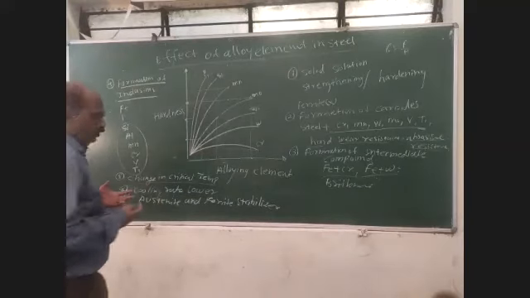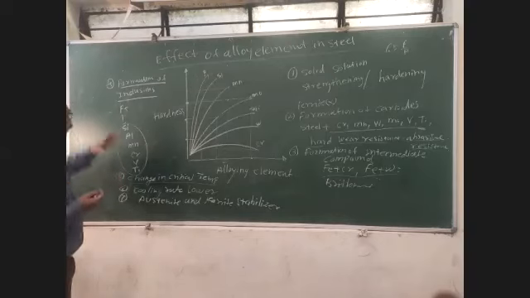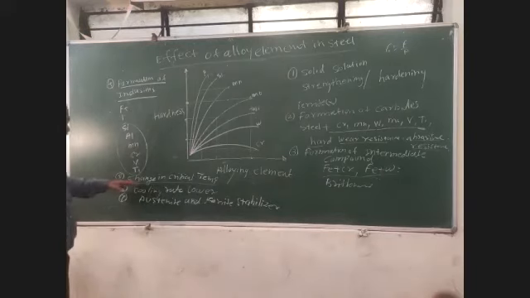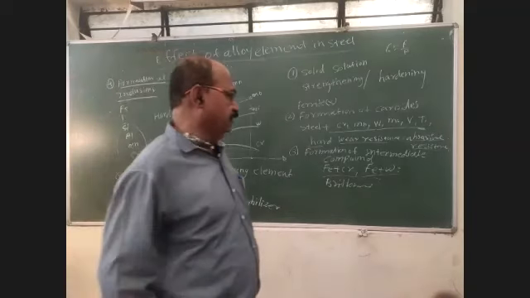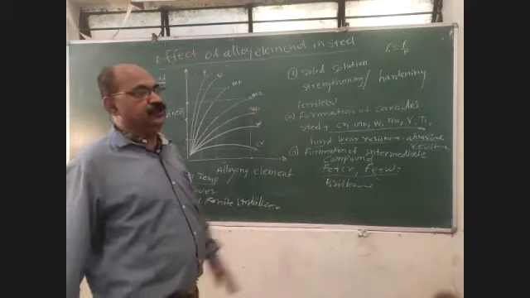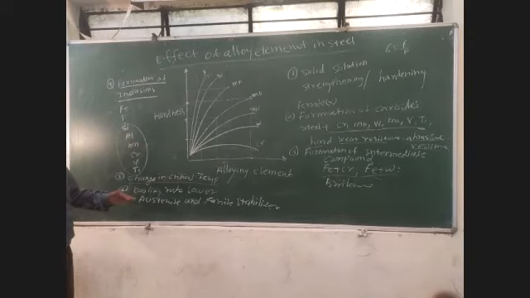This is a self-lubricating bearing, and we use such types of devices. Then change in critical temperature. In our iron carbon diagram, we have seen the A1 line. This is the critical temperature line. By adding alloying elements, the critical temperature will go on changing. It will come down below 720 degrees.